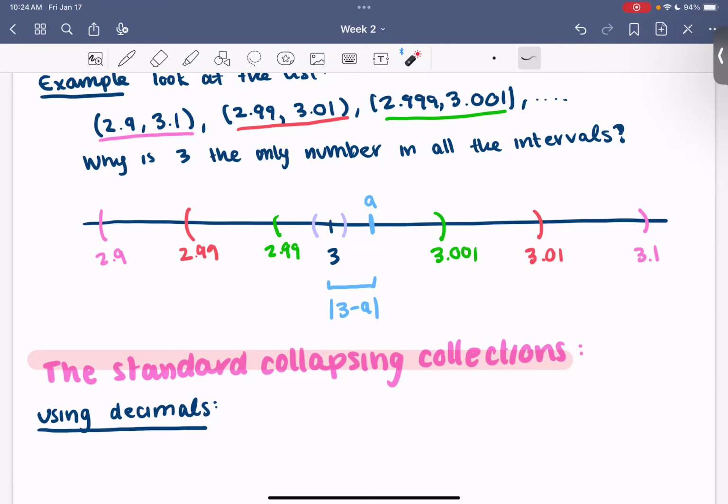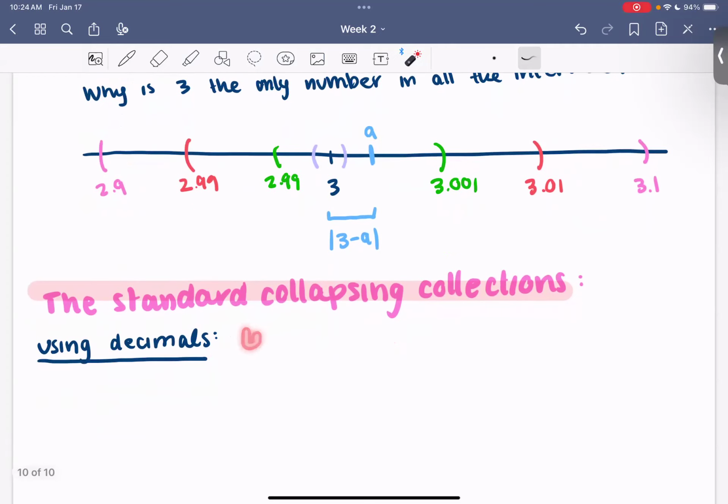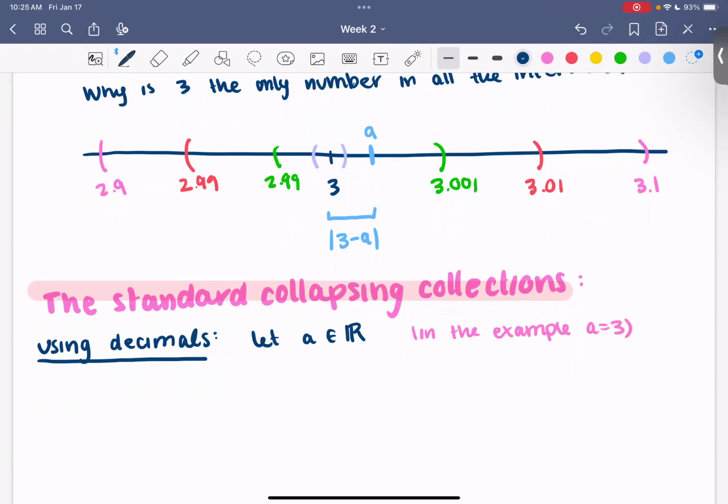So here's how it will look. Let A be any real number. In the above example, it was 3. Then the standard collapsing collection using decimals for A would look like the following. We do A minus 0.1 up to A plus 0.1.